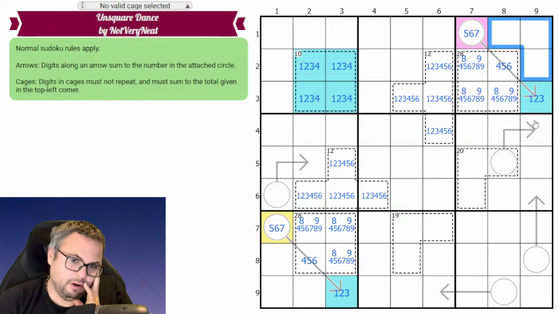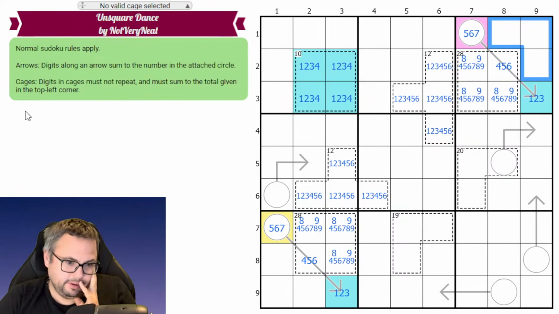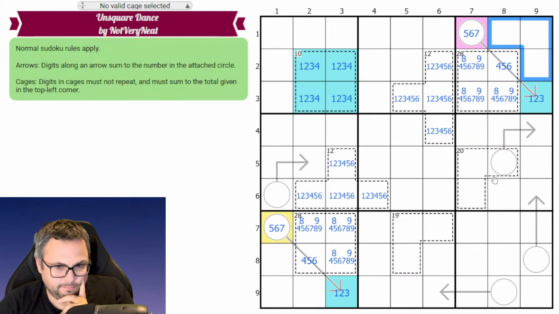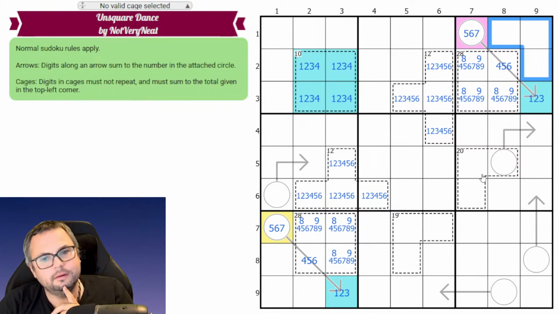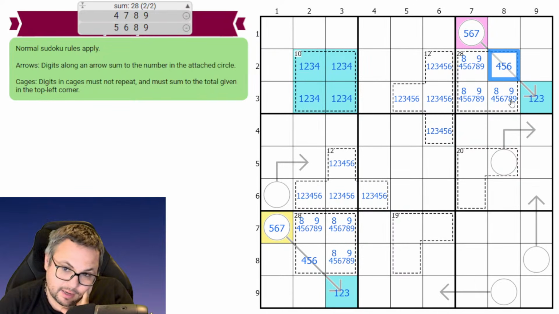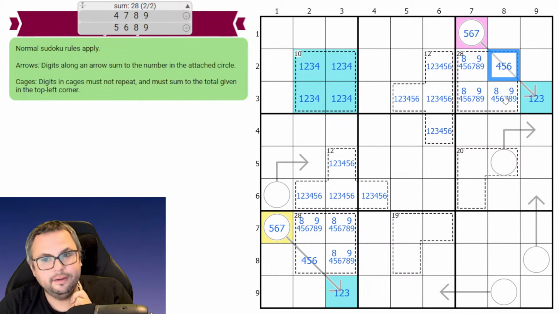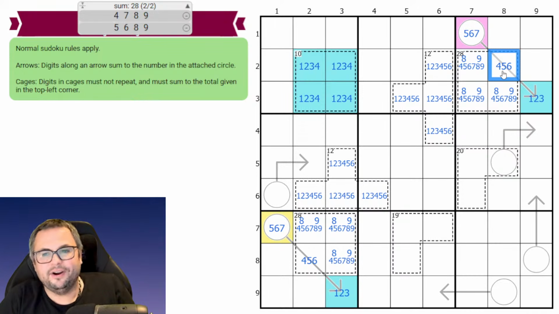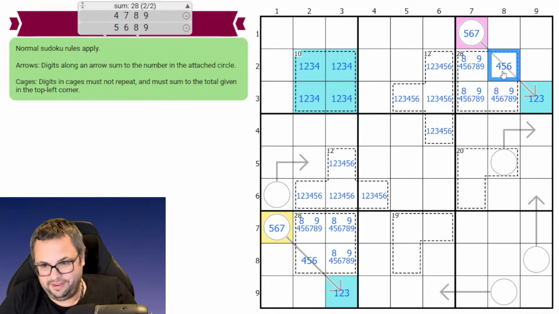In fact, actually, all the 1, 2, 3s are out here in this box. Oh, I see, I see. This cage only either has a 4 and a 7, or neither a 4 nor a 7.